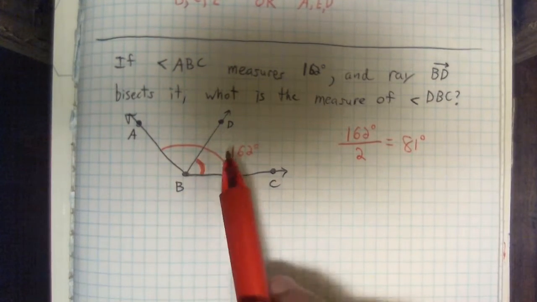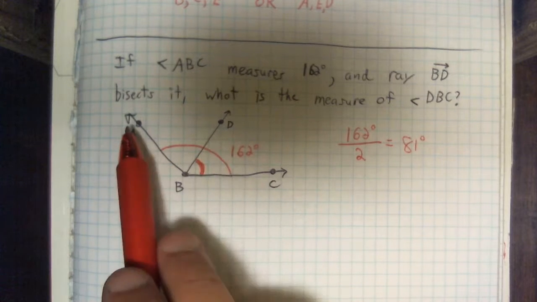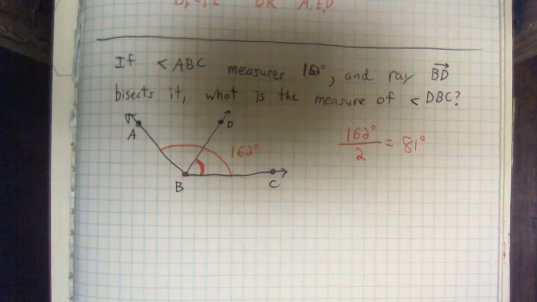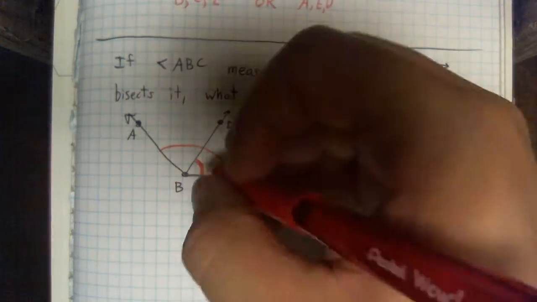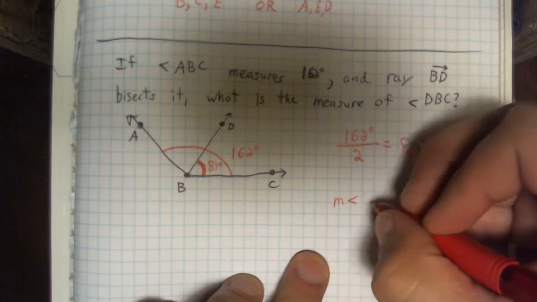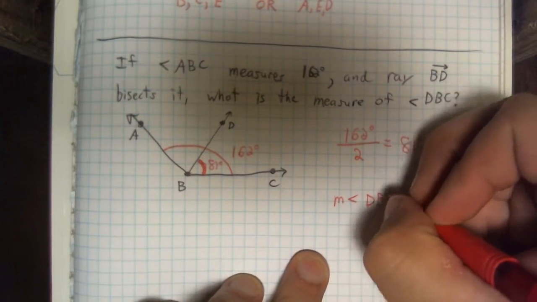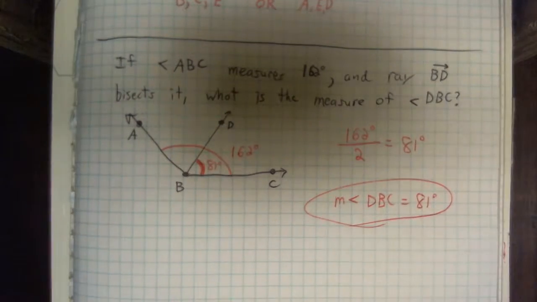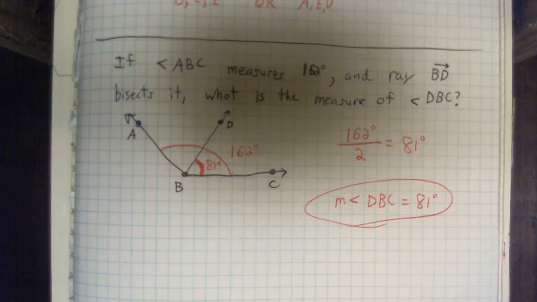So that means that this ray, BD, is cutting the giant angle ABC into 2 smaller pieces of 81 degrees. So my answer is a measure of angle DBC equals 81 degrees. Quick thing to think about, what do you think the measure of angle ABD is?